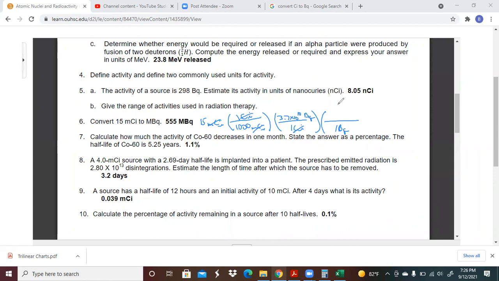So looks like we're going to be needing to rewrite that a little bit. So 1 megabecquerel should be 1 million becquerel. So now the becquerel cancel.